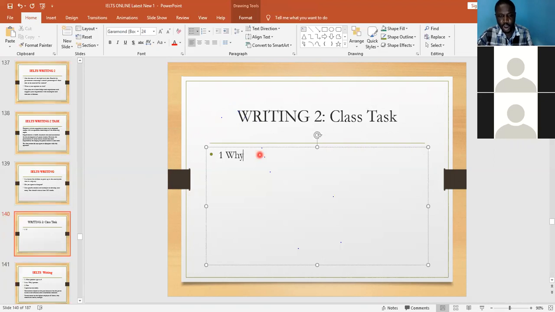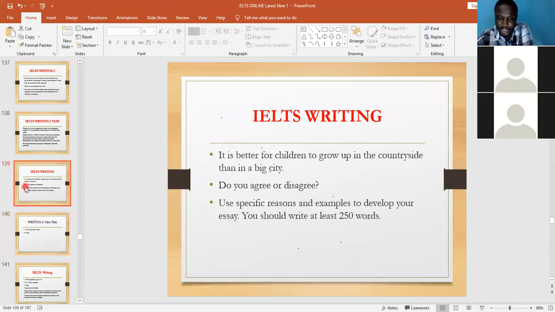Why question type. So that's number one. We have identified the question type as a why question type. Number two, we need to plan. Let me ask you, what position would you like to take? Do you agree that it is better for children to grow up in the countryside or in the big city?